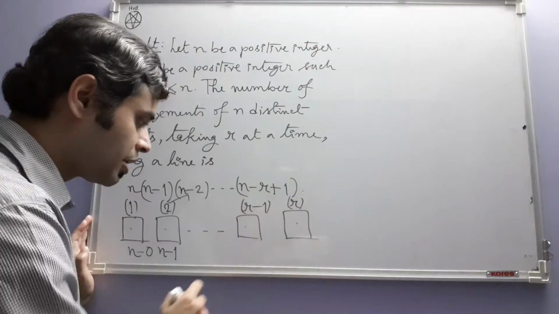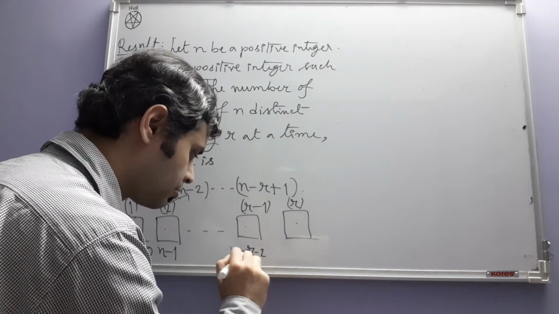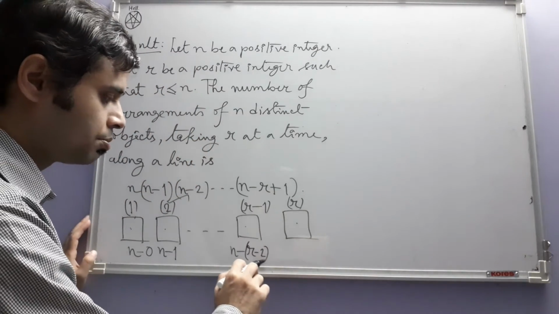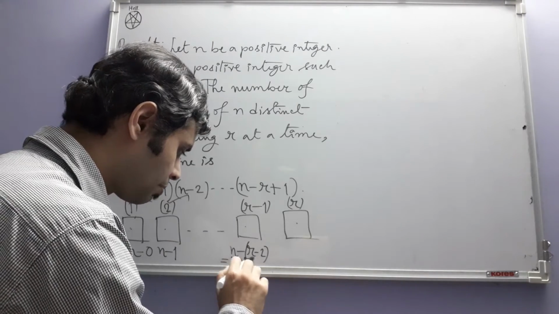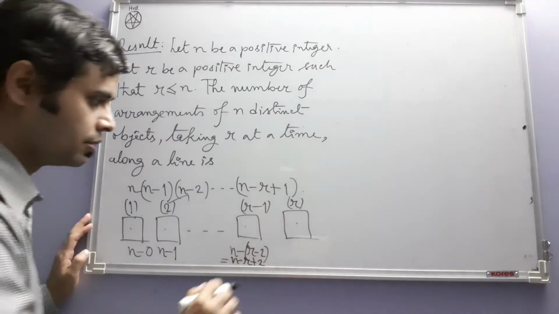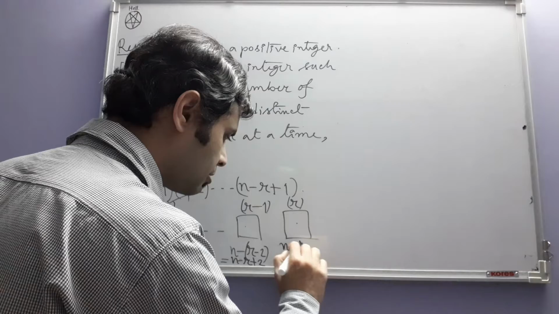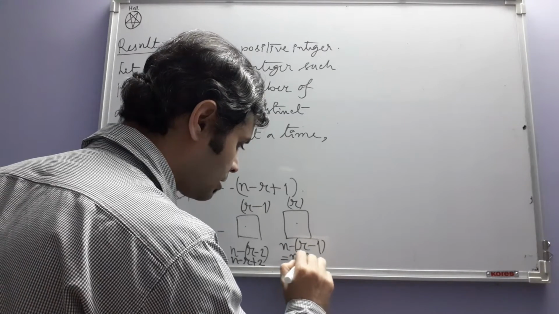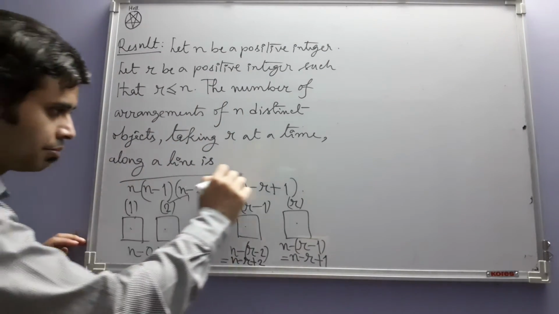When we have r minus 1 here, we are subtracting r minus 2. Remember, subtracting r minus 2. So don't forget to put the bracket. And this gives me n minus r plus 2. That's why at first it looks a little confusing. When we have r here, we are subtracting 1 less, r minus 1. So this is n minus r plus 1. And you multiply them and you get this number.